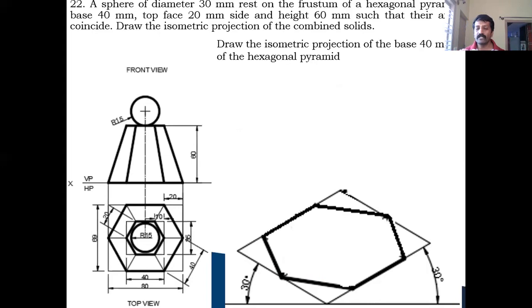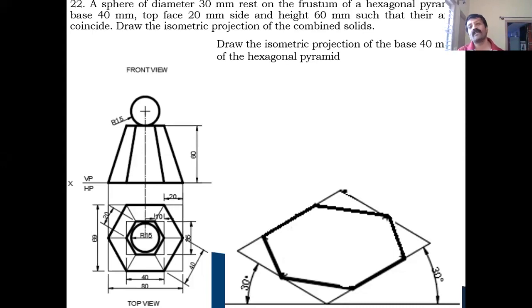millimeter. All the frustums of the pyramids. Frustum is nothing but, you remember, this is a hexagonal pyramid. A plane is cut in such a way that anywhere between the vertex and the base, the plane is perpendicular to the axis, the cut portion, that is the top portion, we are removing, and we are retaining only the bottom portion.